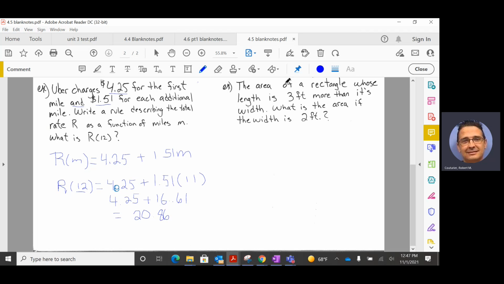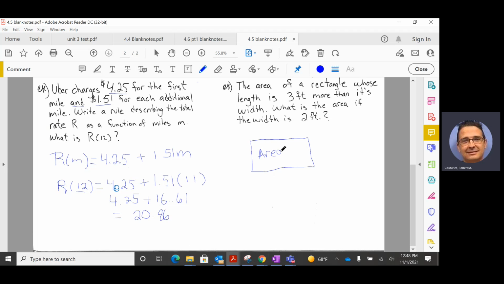The area of a rectangle whose length is 3 more than its width. What is the area if the width is 2 feet? This is one that we should draw a picture for. Pictures help us. This is a good question because it is a higher order question, guys.